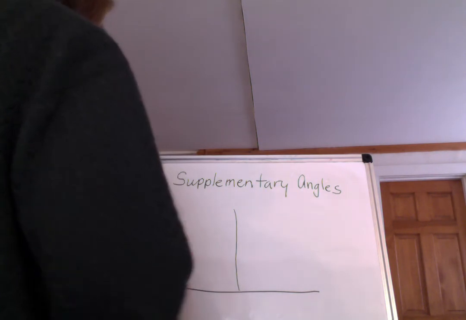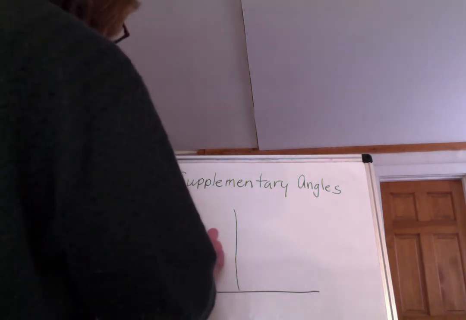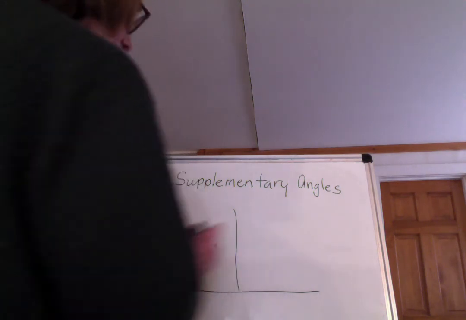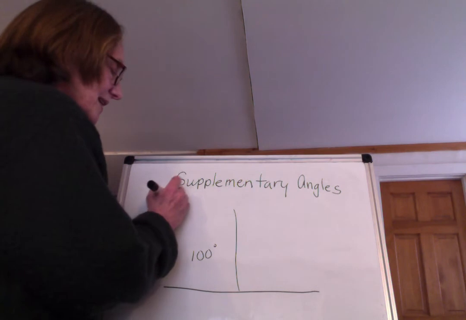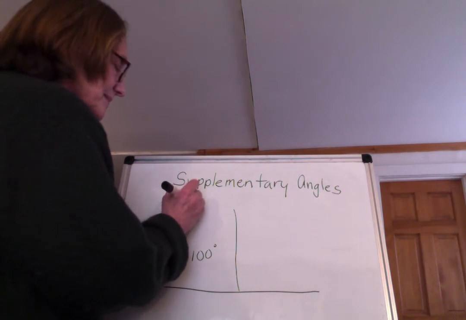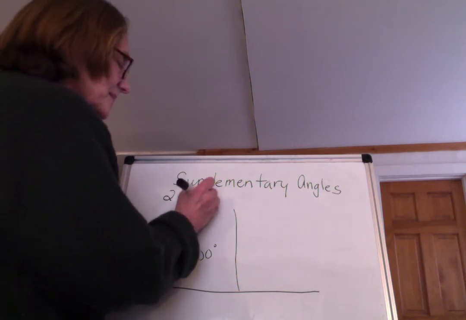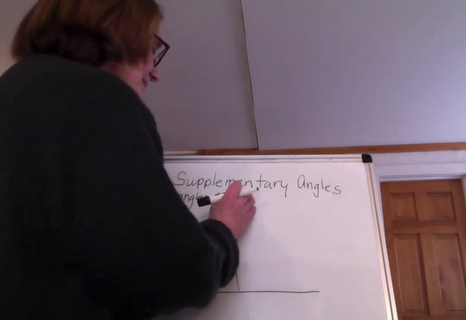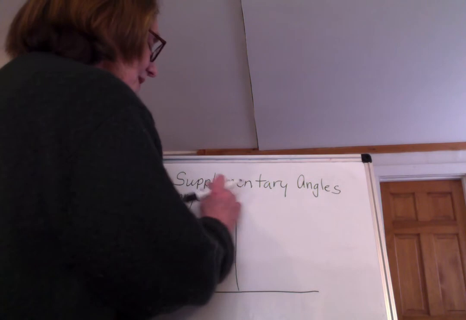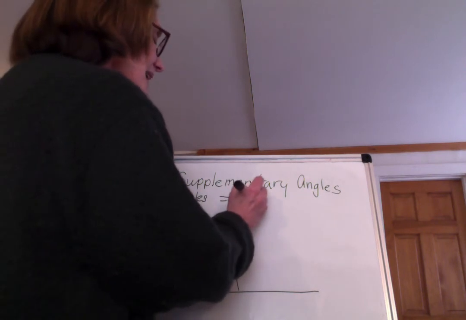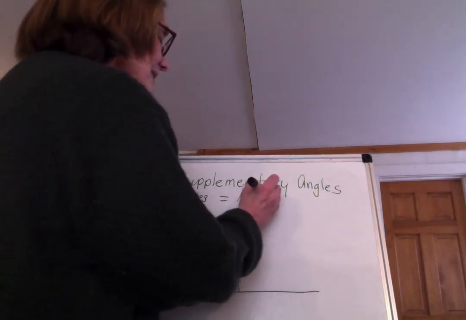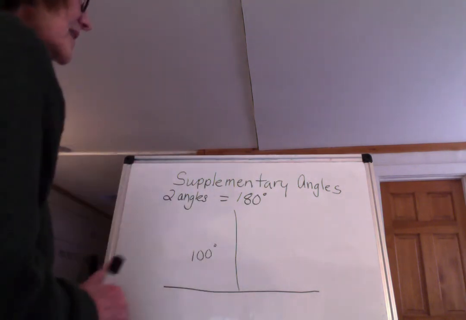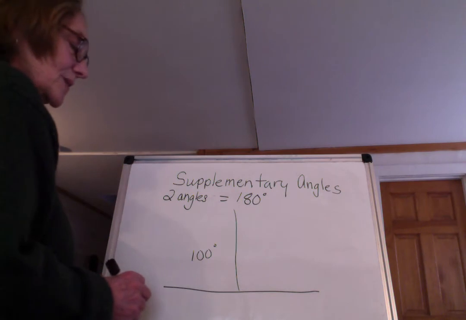And this angle is 100 degrees. And this angle, well, we need two angles that together will equal 180 degrees. That's how supplementary angles are. Two angles that will equal 180 degrees.